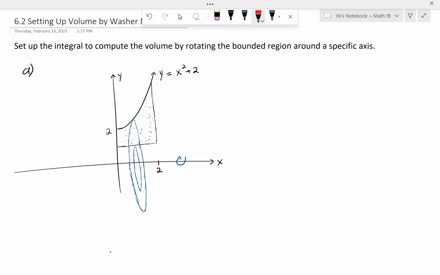Look at the outer radius R. The outer radius is y equals x squared plus 2, so that will be x squared plus 2. The inner radius is this one, and there is 1. So the inner radius is just 1.